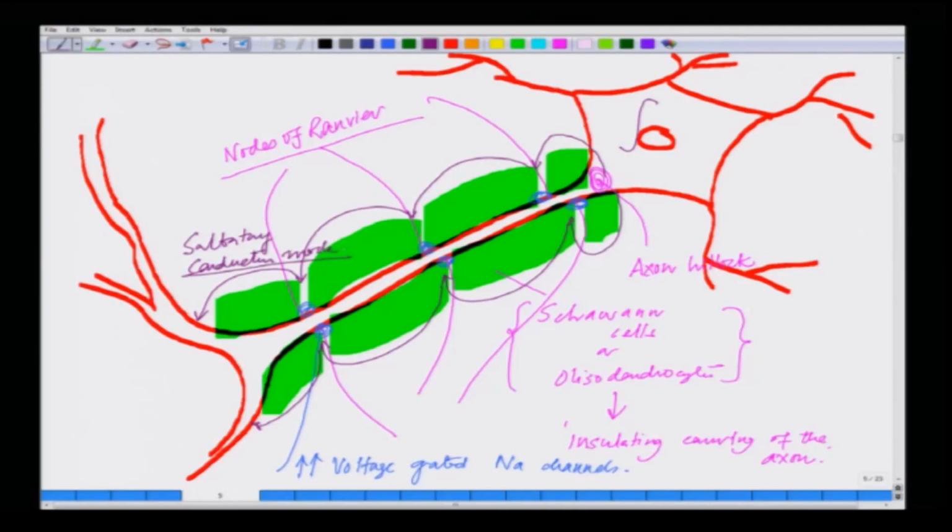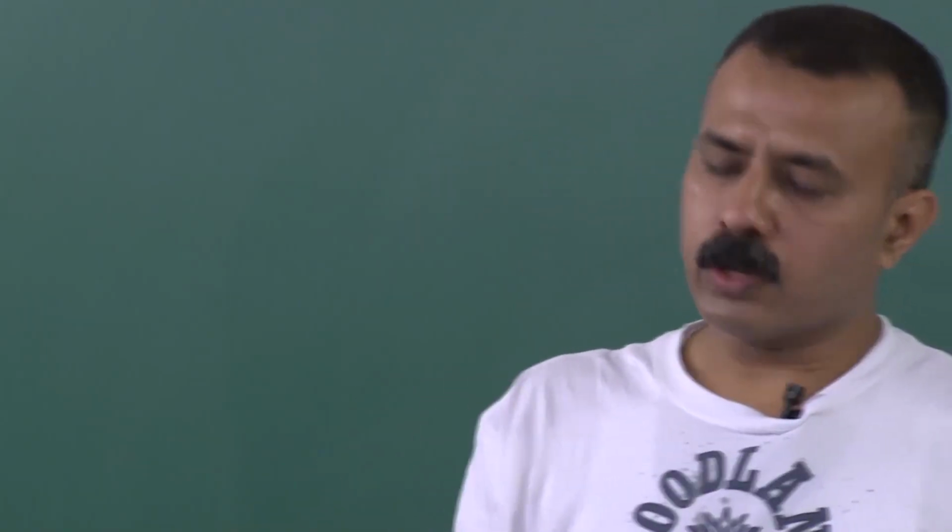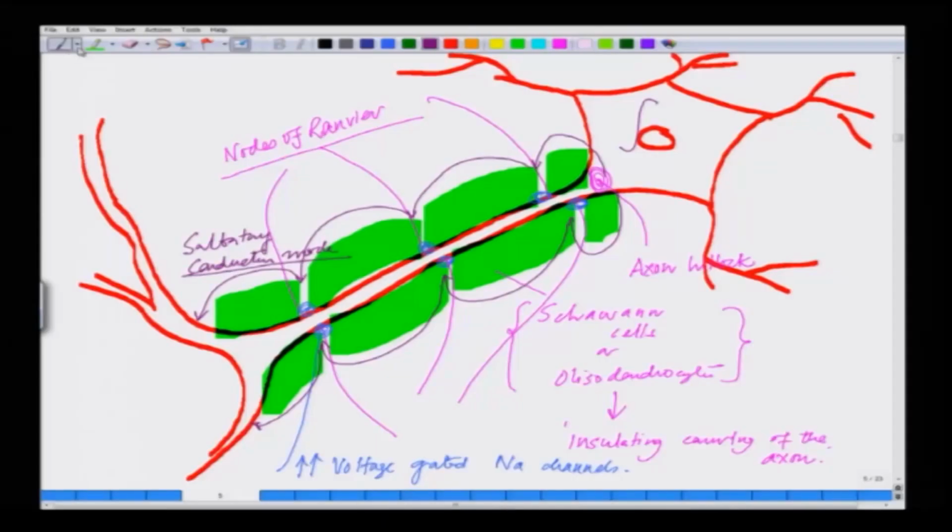Okay. So, at this stage what is happening? Now, once you are at the zone where it is in contact with, okay, this is the zone where this whole structure is in contact with the muscle.